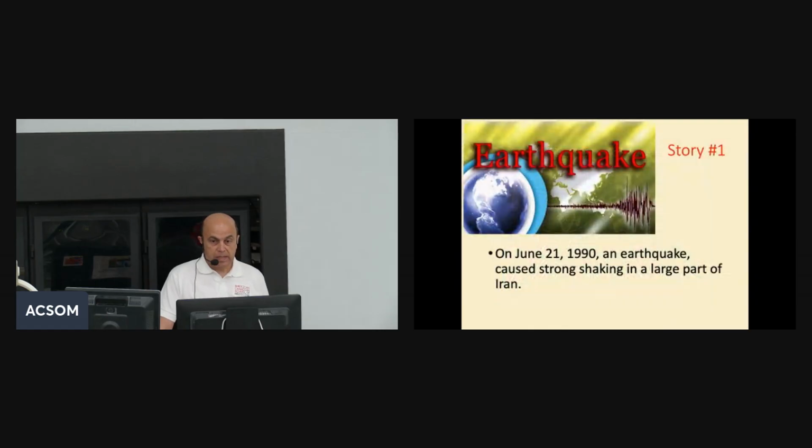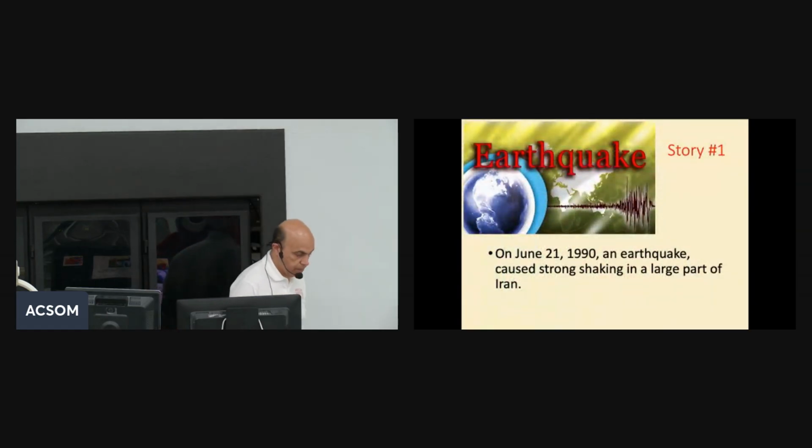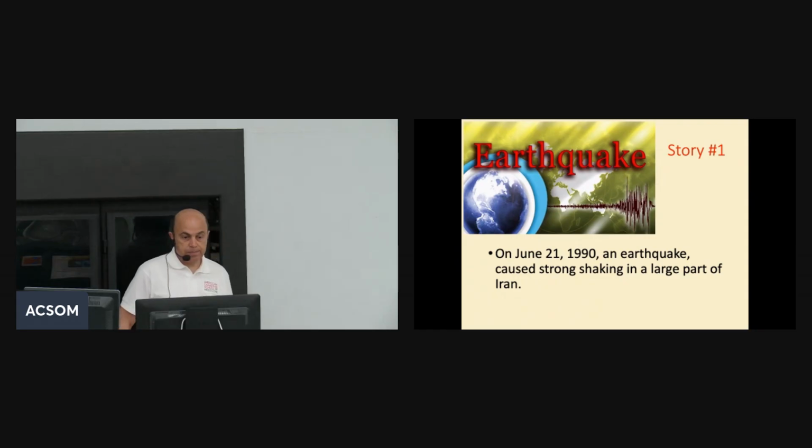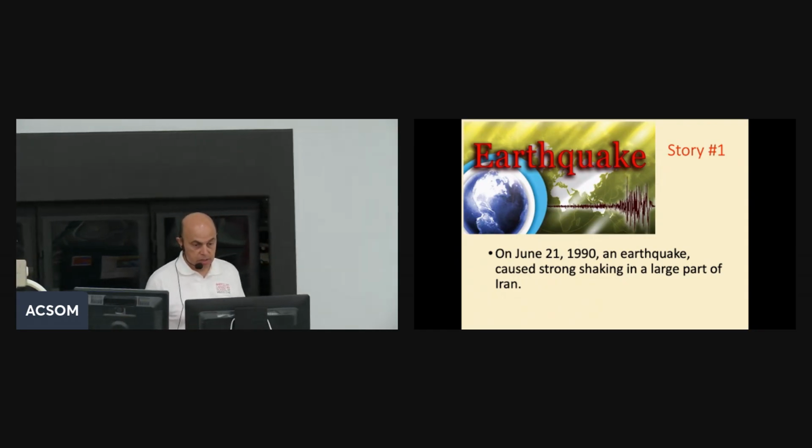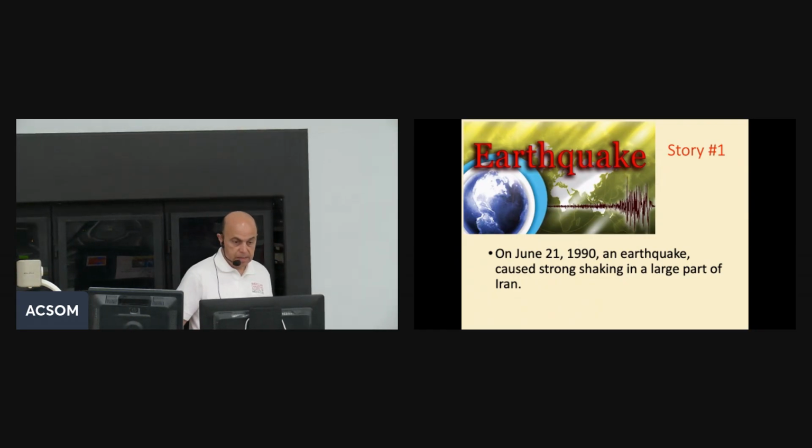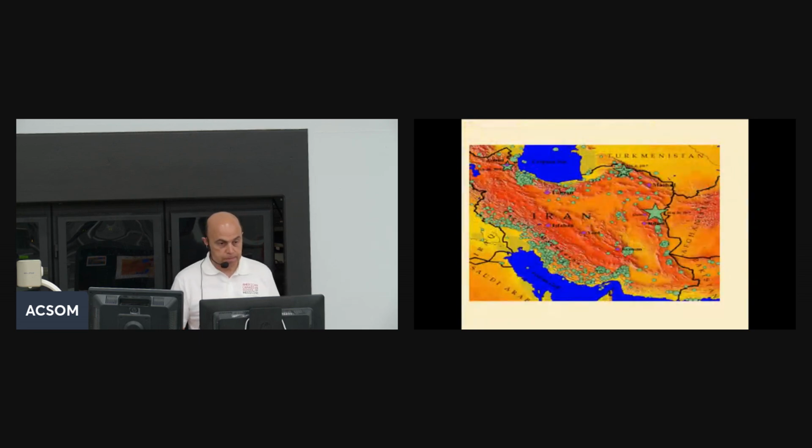So I'm going to tell you guys a story. On June 21, 1919, an earthquake, a big one, caused strong shaking in a large part of Iran. At that time, I was interned. The epicenter of the earthquake was in the south of the Caspian Sea, and it was a very strong earthquake.